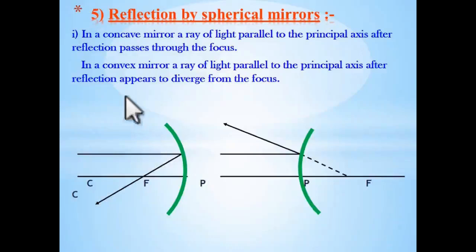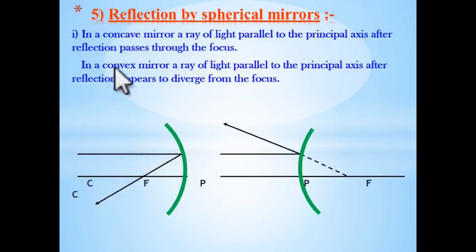Now let us discuss some important rules for drawing ray diagrams. In a concave mirror, a ray of light parallel to the principal axis after reflection passes through the focus. This is one rule.